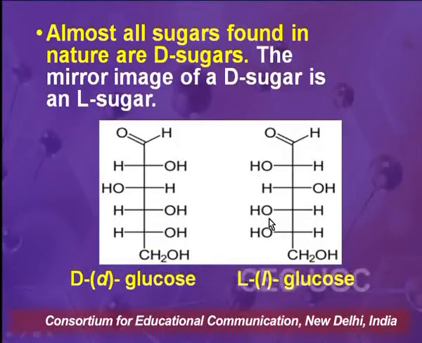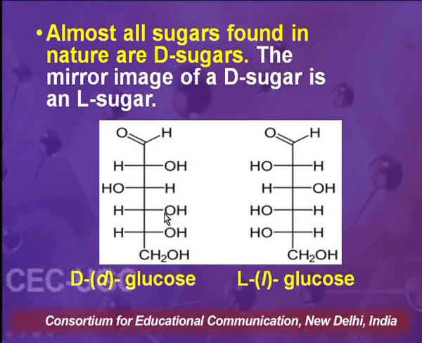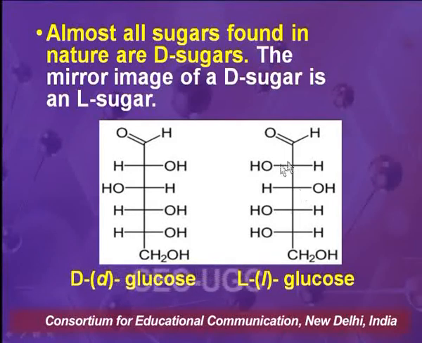And we know that almost all the sugars found in nature are D sugars. Now if you look into the structure of glucose here, you will see that these two structures are mirror images of each other. That is, the L structure is the mirror image of the D structure.